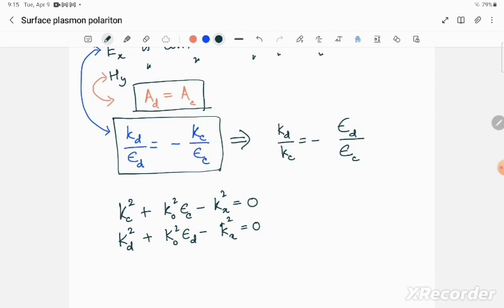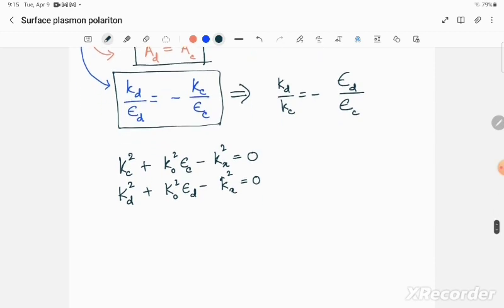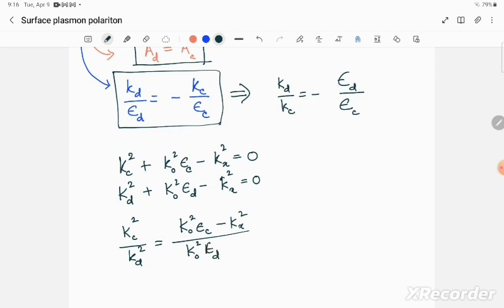If in these two relations we take the two terms to the right hand side and find the ratio of Kc square by Kd square, it is nothing but (K0 square epsilon C minus Kx square) by (K0 square epsilon D minus Kx square).